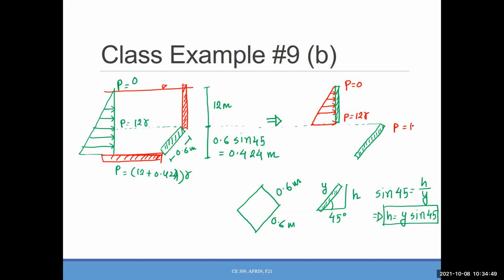Again here, P equals 12 gamma, 12.424 gamma, right? But every time the force will be perpendicular to the surface. Do you think this is the correct pressure distribution for this one? And the direction? Okay, is it clear of how we are doing that and why we're doing that?